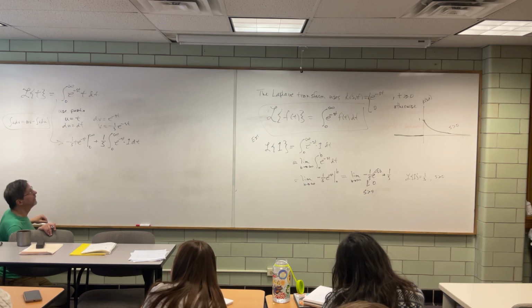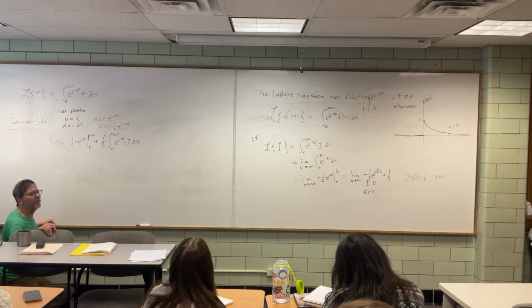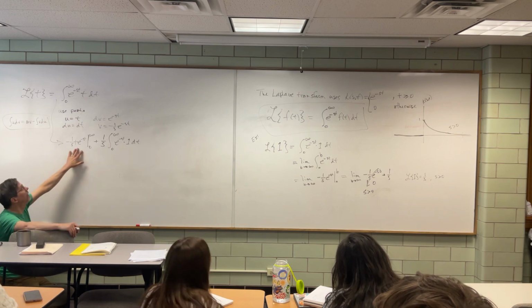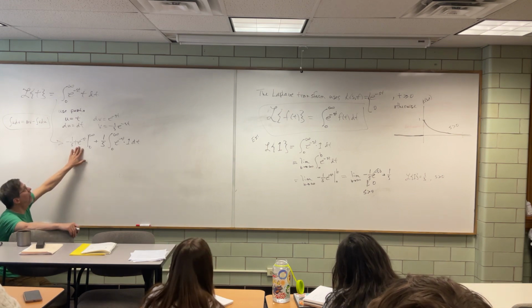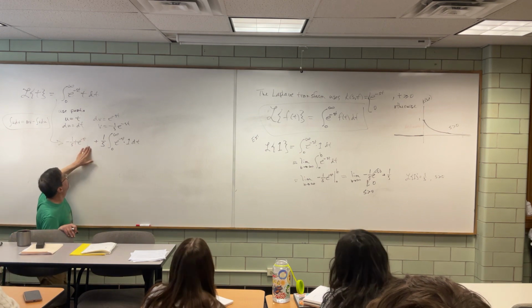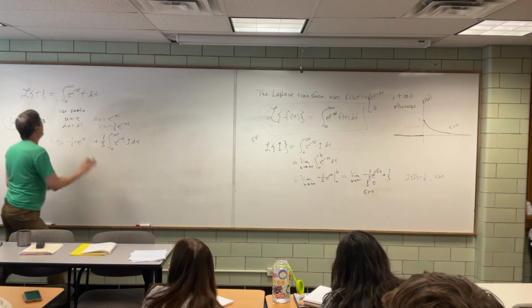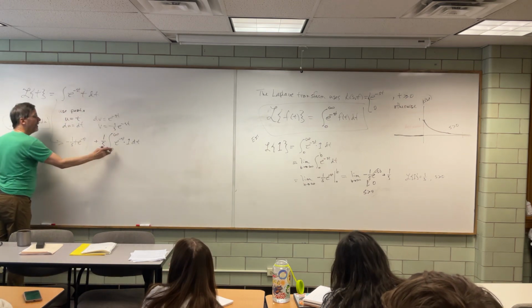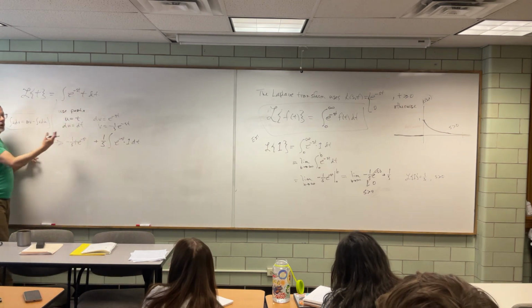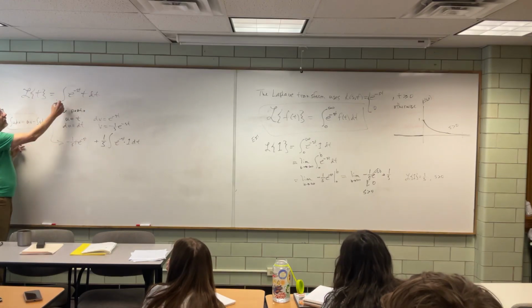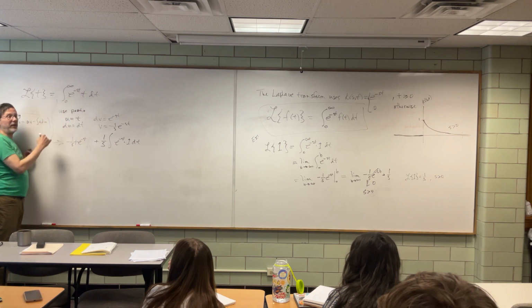Any other questions? I'm confused about why we have that there. Why we have which? In the first term, why we have that evaluated at. Well, because we have a definite integral. If I had this, then I would just go along and get a formula, but I still have to do this evaluation.